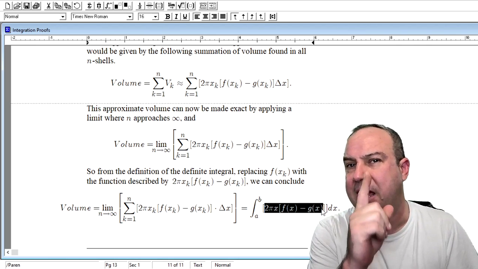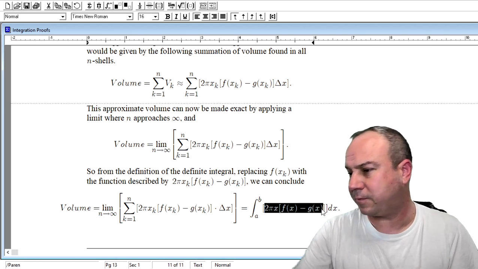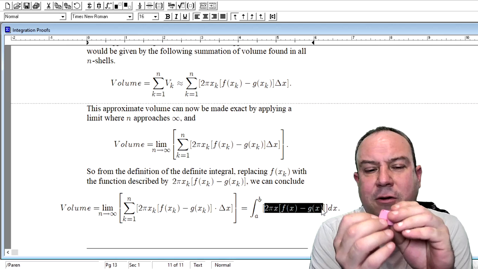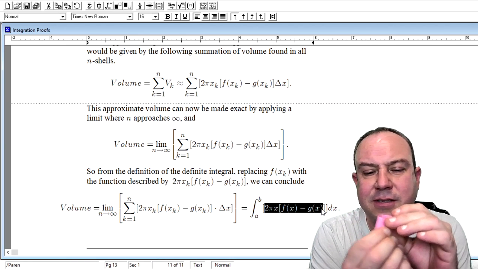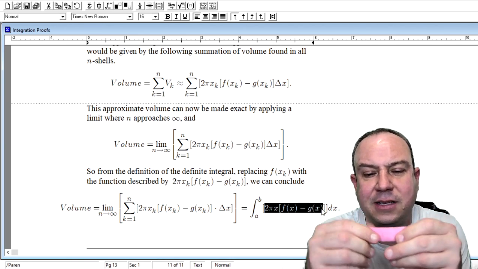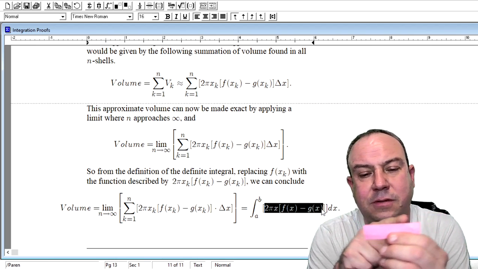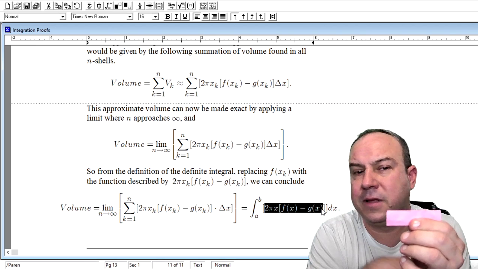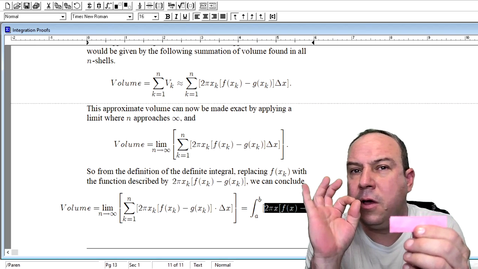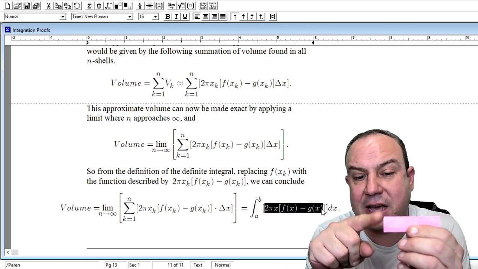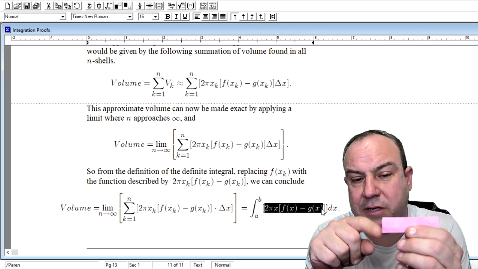If you think about that integrand's value, go back to our ring here, that integrand's value, that 2 pi x, is just the length measurement. Whereas the f of x minus g of x is just this height measurement.